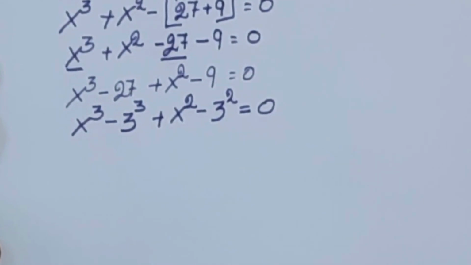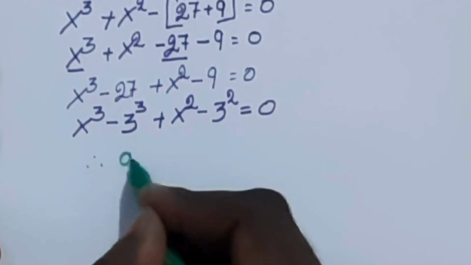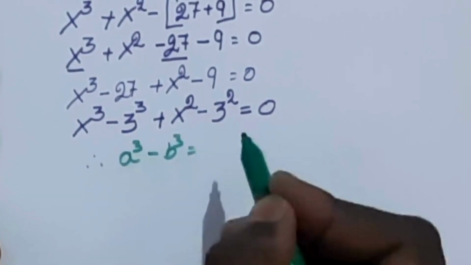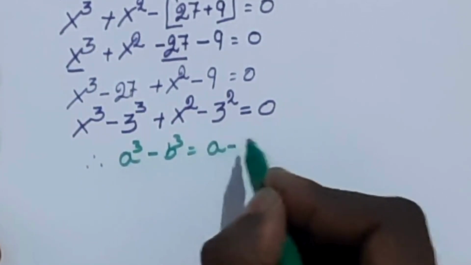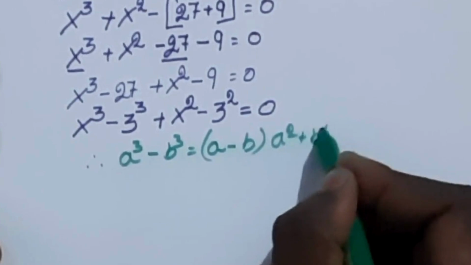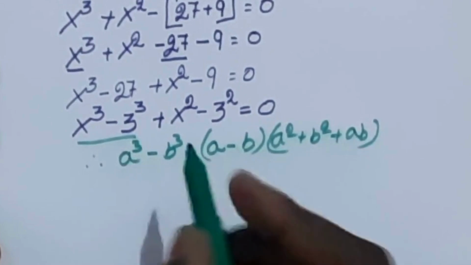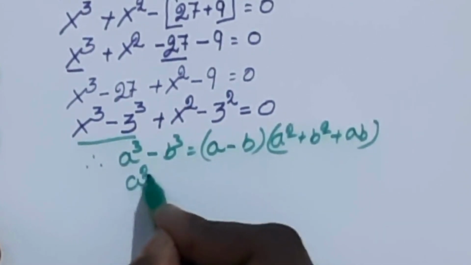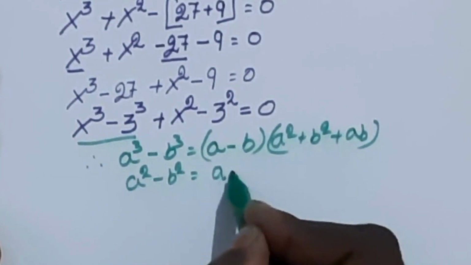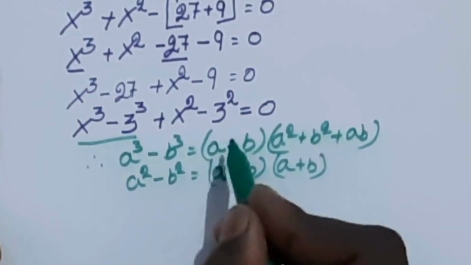Now we are going to apply these algebra formulas: a^3 - b^3 = (a - b)(a^2 + b^2 + ab), and also a^2 - b^2 = (a - b)(a + b). These two formulas we are going to apply here.